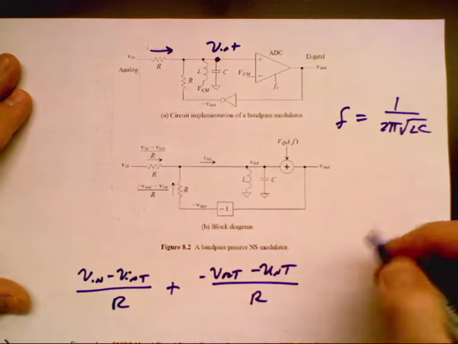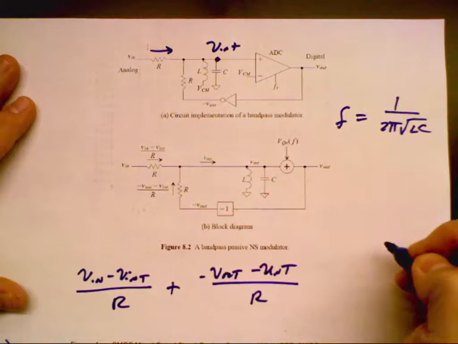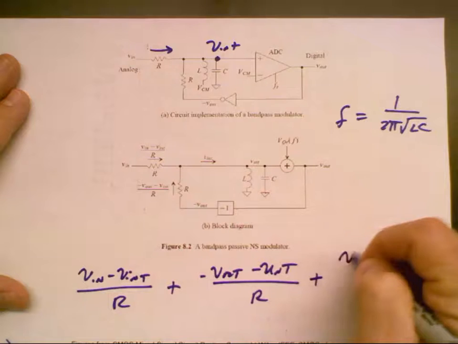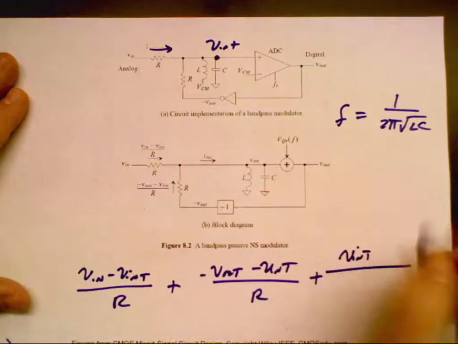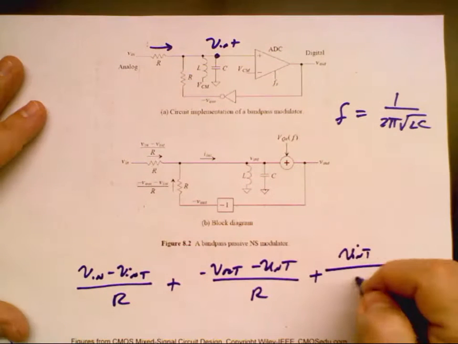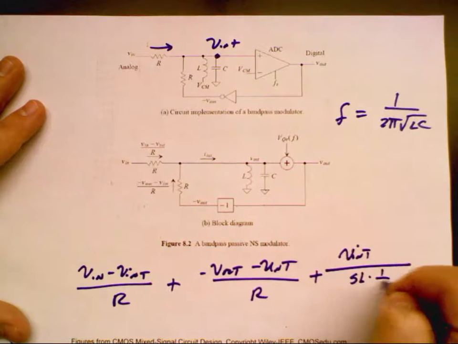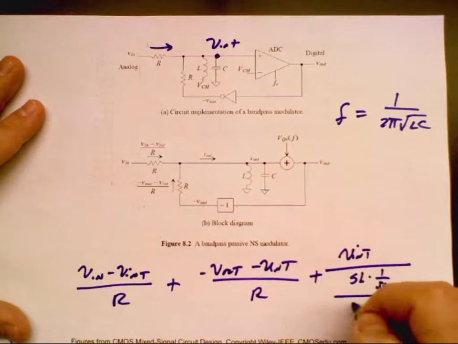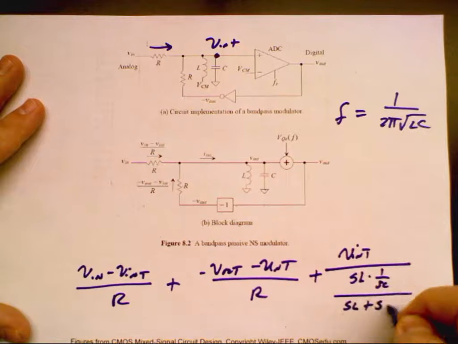So I'm going to write, make sure you tell me if you don't understand this, plus V integrator all over this impedance, which is SL times 1 over SC divided by SL plus 1 over SC.